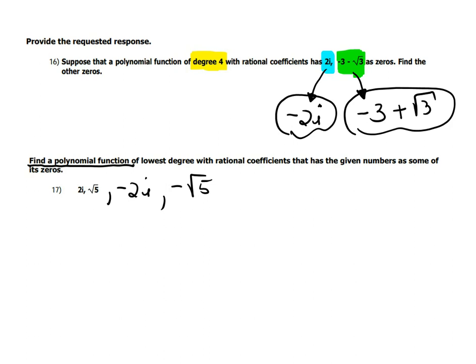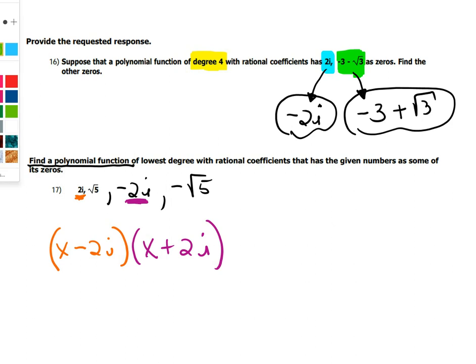So let's see. The 2i, if x equals 2i, then x minus 2i is one of my factors. If x equals negative 2i, then x plus 2i is one of my factors.